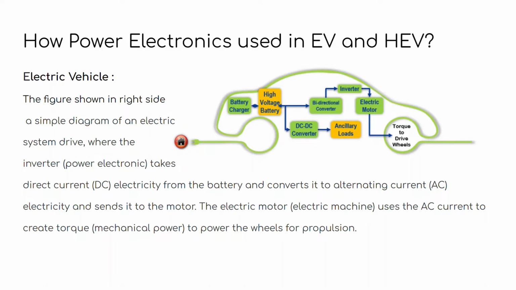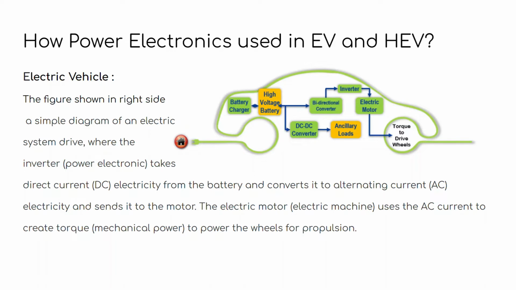The figure shown here represents a simple diagram of an electric drive system which consists of battery charger, high voltage battery, DC-DC converter, bidirectional converter, inverter, electric motor, etc. Here the inverter takes direct current, that is DC electricity, from the battery and converts it to alternating current, that is AC electricity, and sends it to the motor.